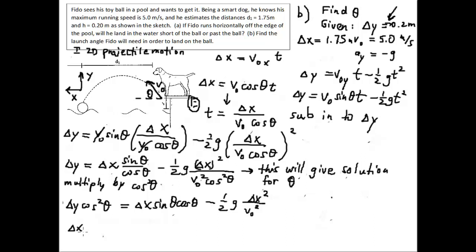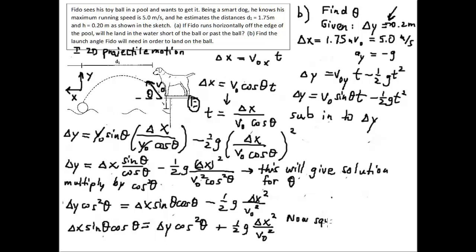So delta x sine theta cosine theta equals, I'm just adding the quantity 1/2 g delta x squared over v0 squared to both sides. So I get delta y cosine squared theta plus 1/2 g delta x squared over v0 squared. All right, so I've just rearranged this. Now I'm going to square both sides. And the reason, you'll see why I want to do this in a minute.